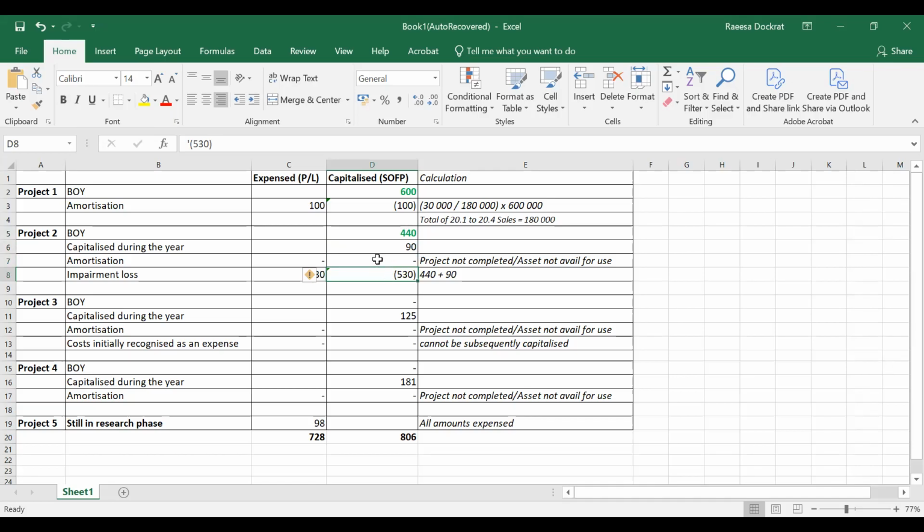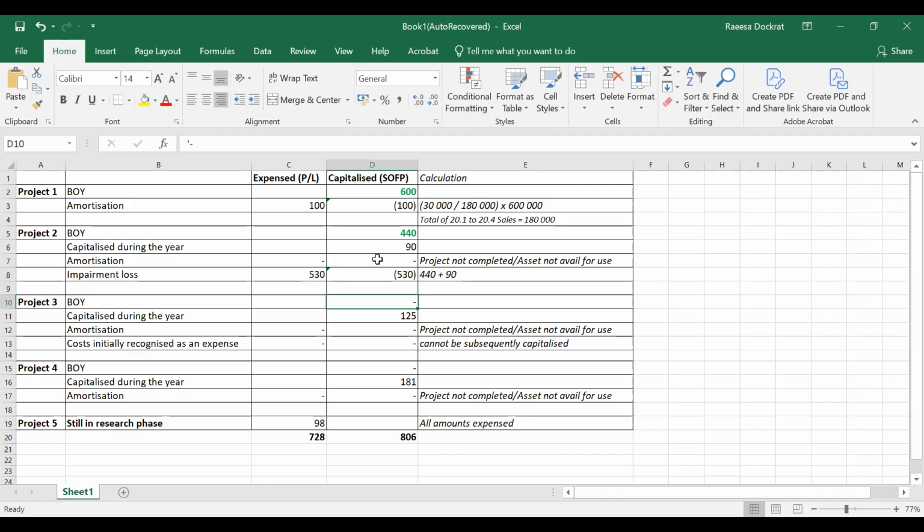And how do we decrease it? We're going to say debit impairment loss in our statement of profit or loss and credit the value that we recognized in our statement of financial position. It doesn't belong there anymore because it is considered to be remote. A remote possibility means that it's unlikely that this product is going to be profitable.